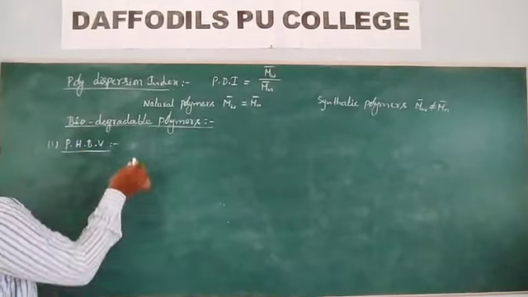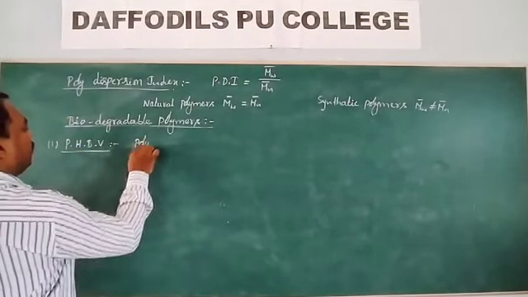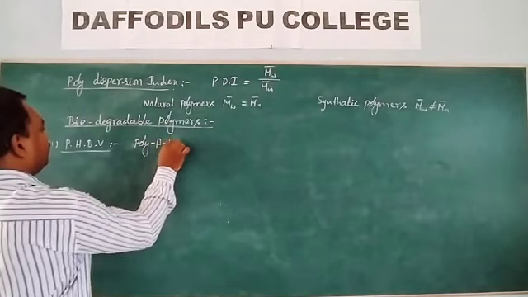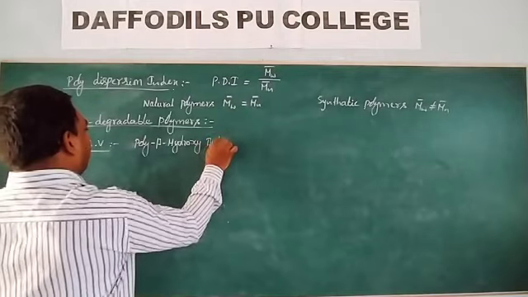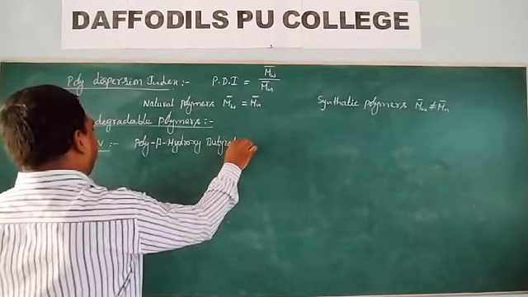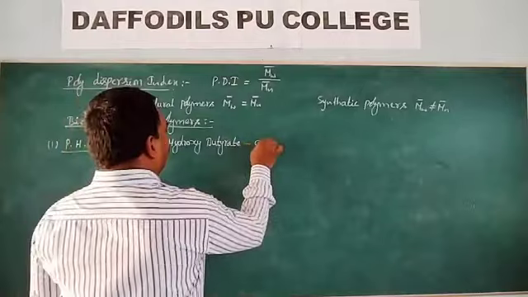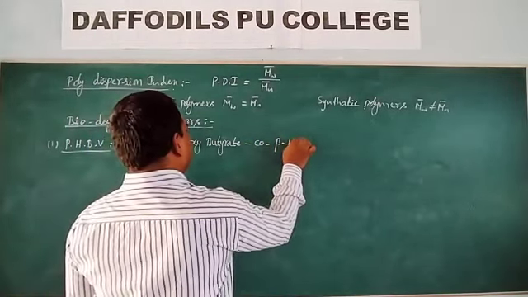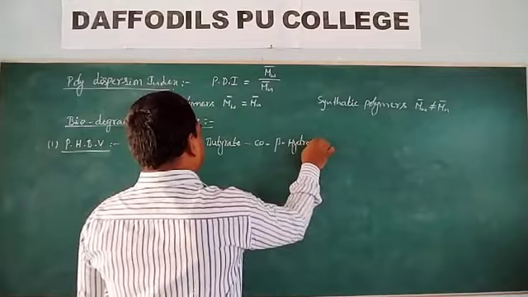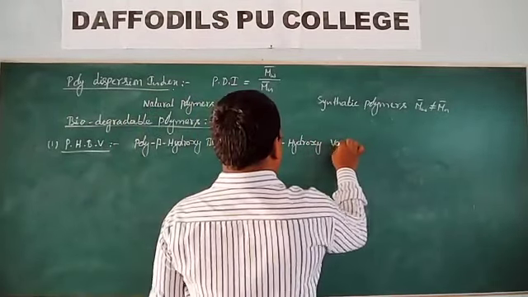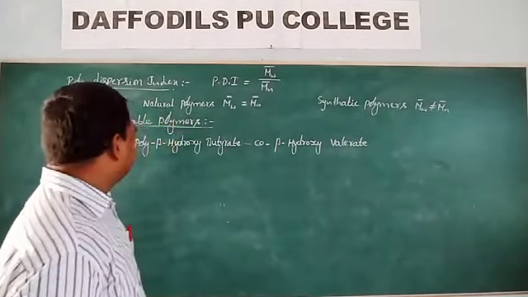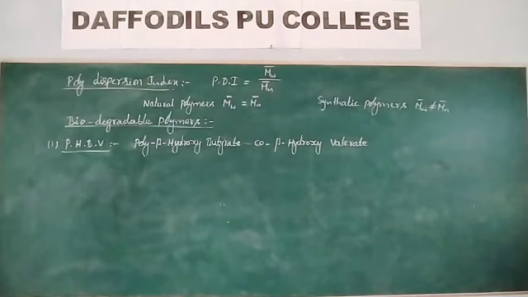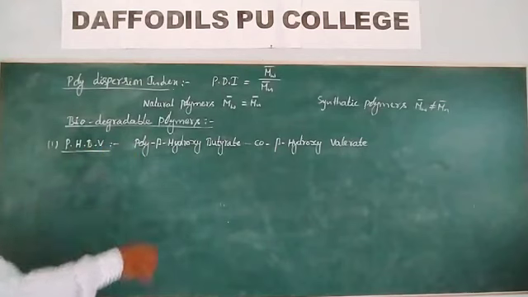What is this PHBV? Poly beta hydroxy butyrate co beta hydroxy valerate is known as PHBV.